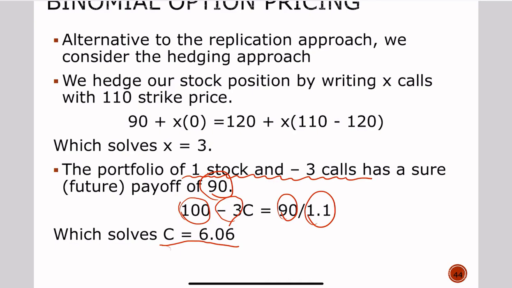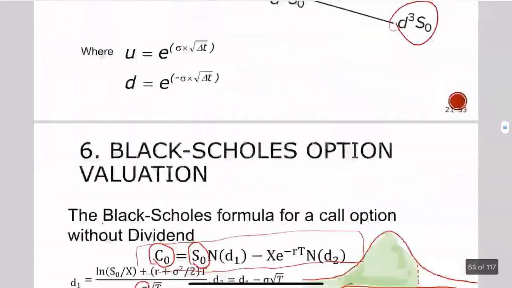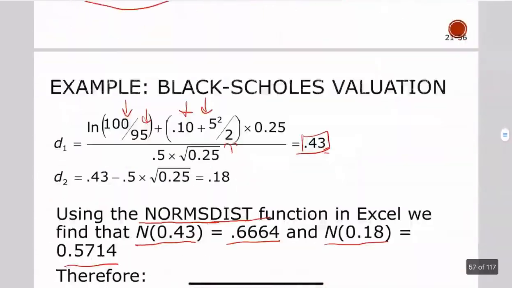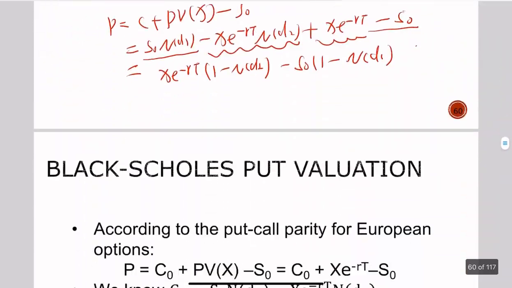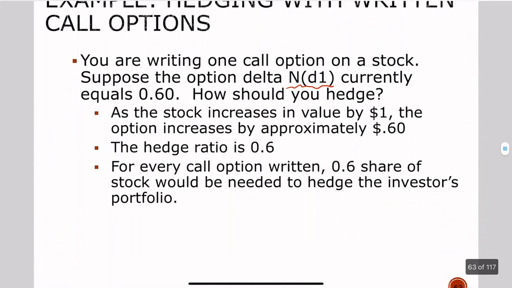So you will not face this risk because of the appreciation in the stock price, right? So now let's see how you could use this hedge ratio to solve how many shares of stock you should hold to hedge against your risk as an option seller.